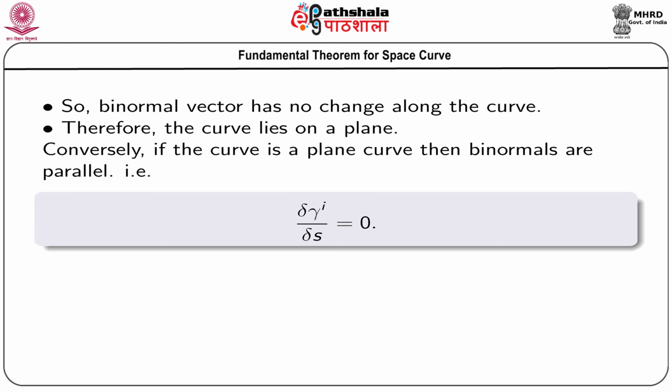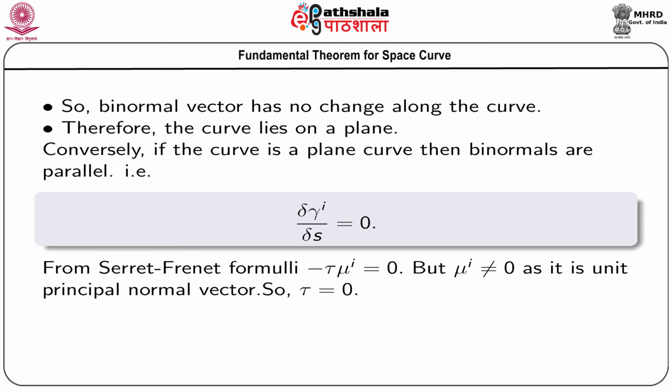Conversely, if the curve is a plane curve, then binormals are parallel, because the curve is totally lying on a plane. So, the binormals which are normal to the plane are parallel. That means, there is no change in the binormal. So, del gamma I del s equals 0. Again using the third Serret-Frenet formula, del gamma I del s equals minus tau mu y, we have minus tau mu y equals 0.